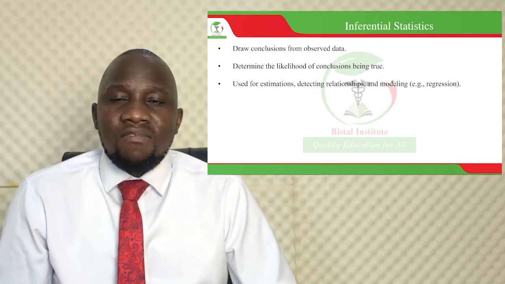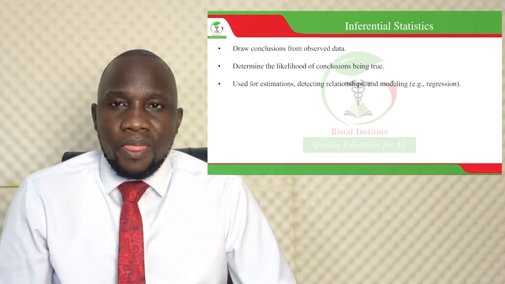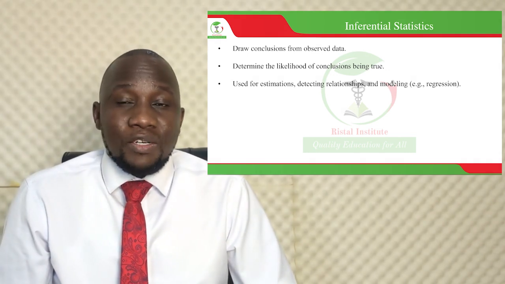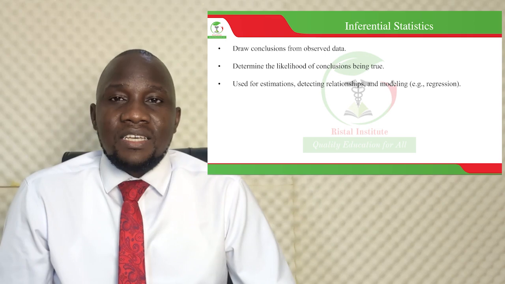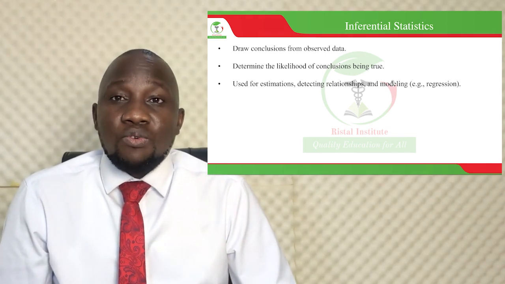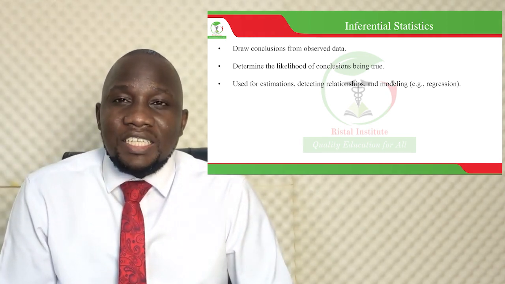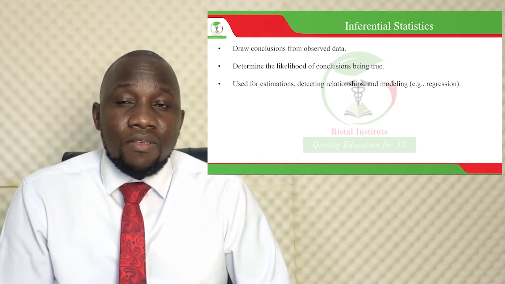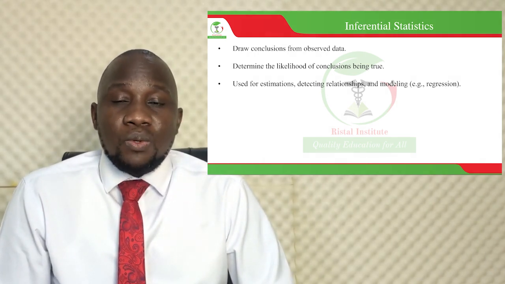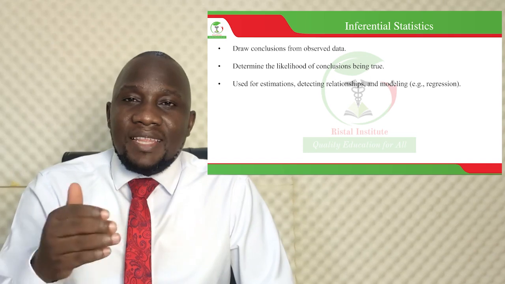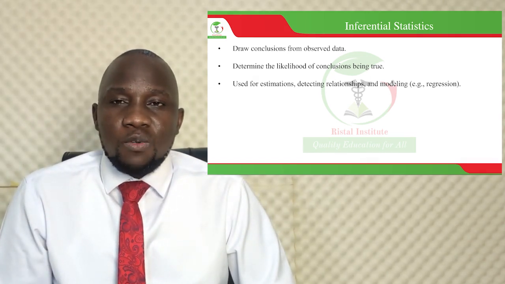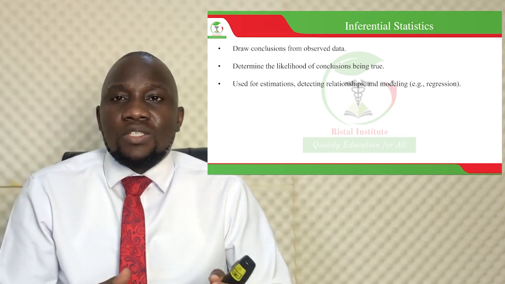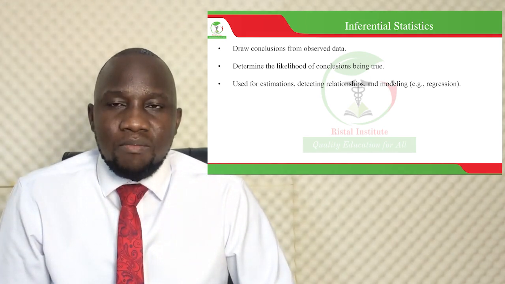When you have this data, you may not easily know that this drug works better than that unless you run statistical tests. And this statistical test will reveal to you that indeed drug A is better than B. So for you to be able to make that conclusion, you need to have used statistics. And that is what inferential statistics is all about.